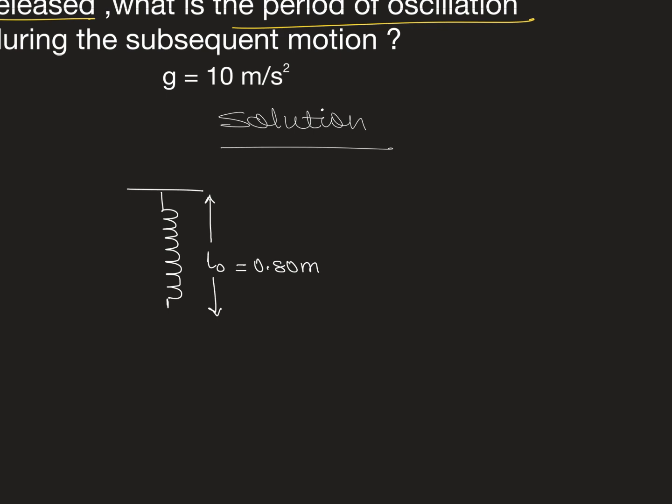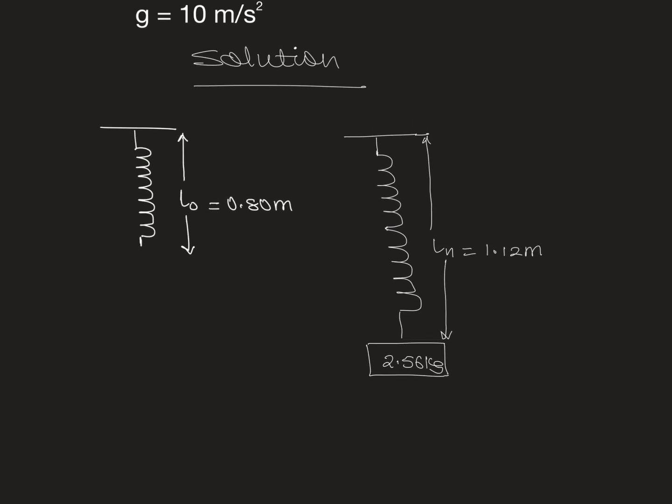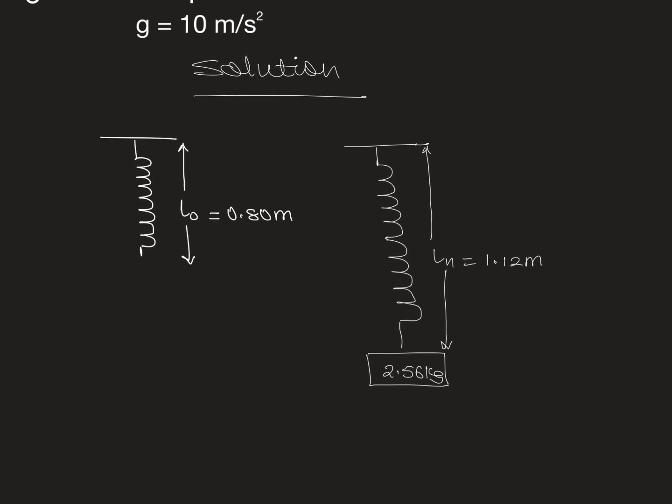But when the mass of 2.56 kilograms is attached to the same spring, the spring has a new length of 1.12 meters. So what can we derive from this information?